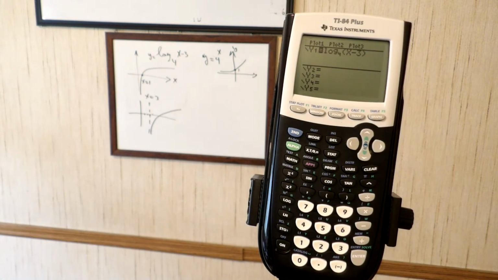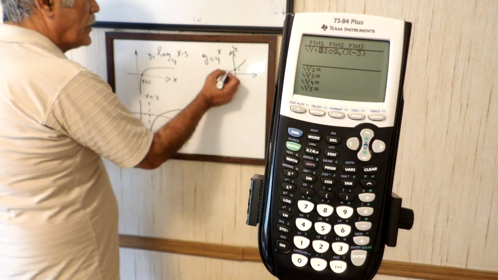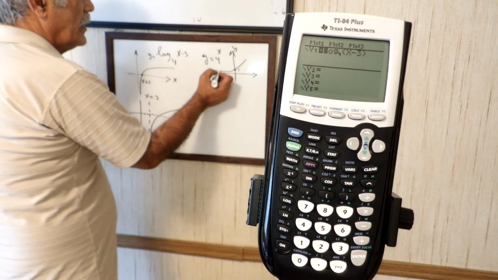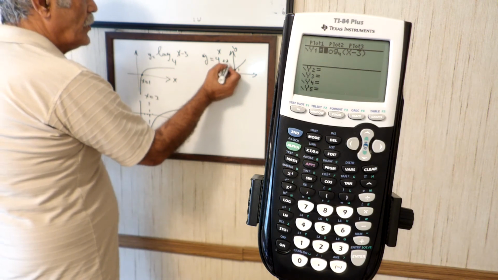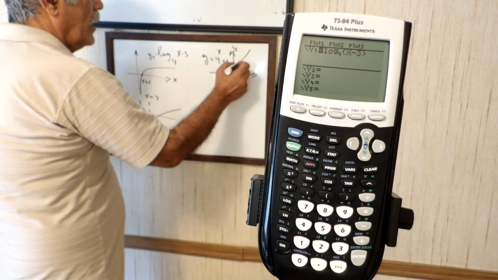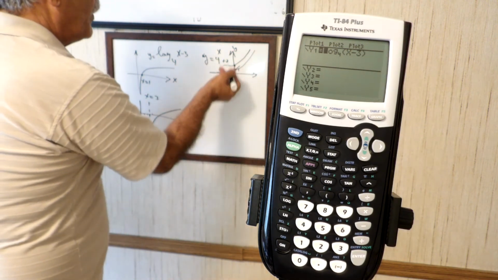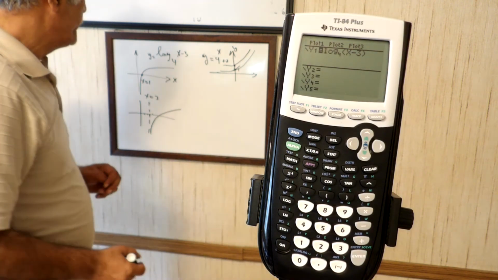And for this one, we had a horizontal asymptote. If it was plus 2, it started from here, and it's going to be like this. So we go 2 units up there.